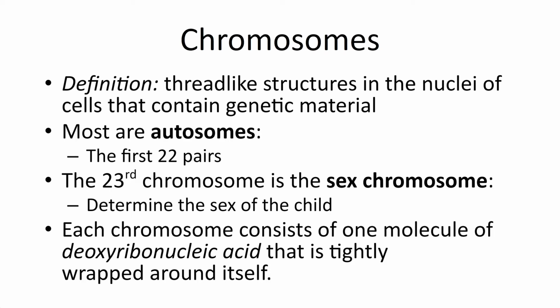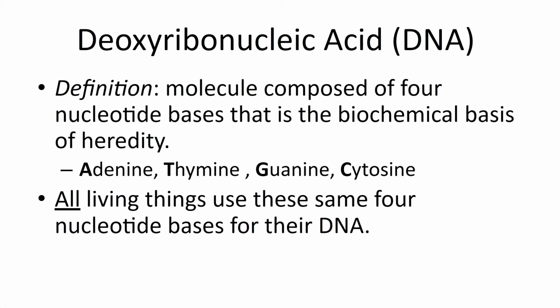Each chromosome consists of a single molecule of deoxyribonucleic acid that is tightly wrapped around itself. So if you want to think of it this way, all the detailed instructions for making a person can be reduced to a set of chemicals in a particular order. That deoxyribonucleic acid, more commonly referred to as DNA, is just 4 different chemicals in different combinations.